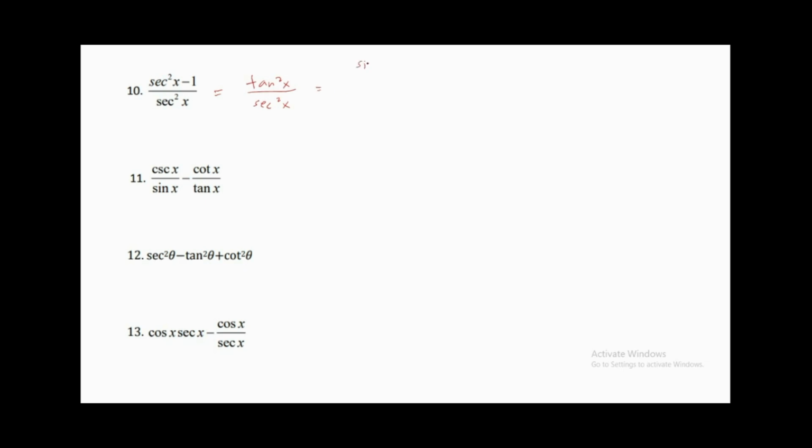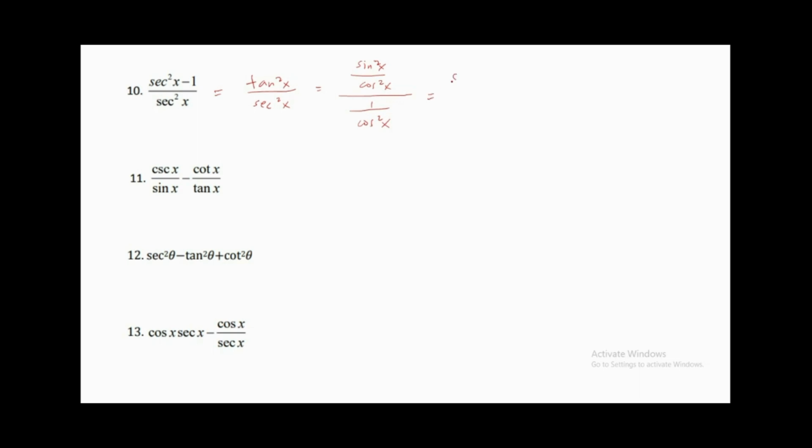Now, tangent squared x is sine squared x over cosine squared x, and secant squared x will be 1 over cosine squared x.